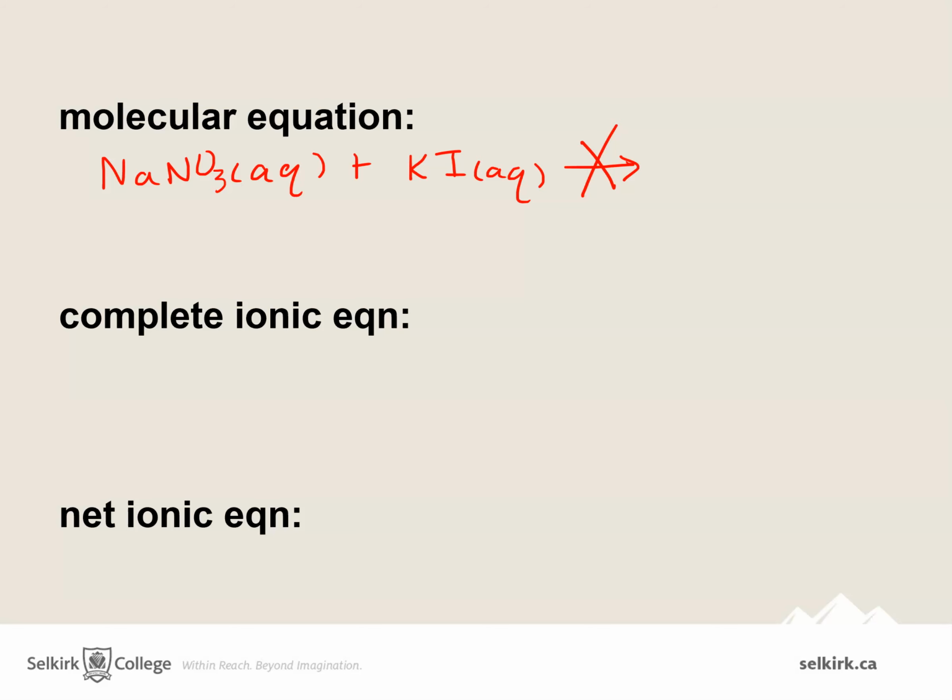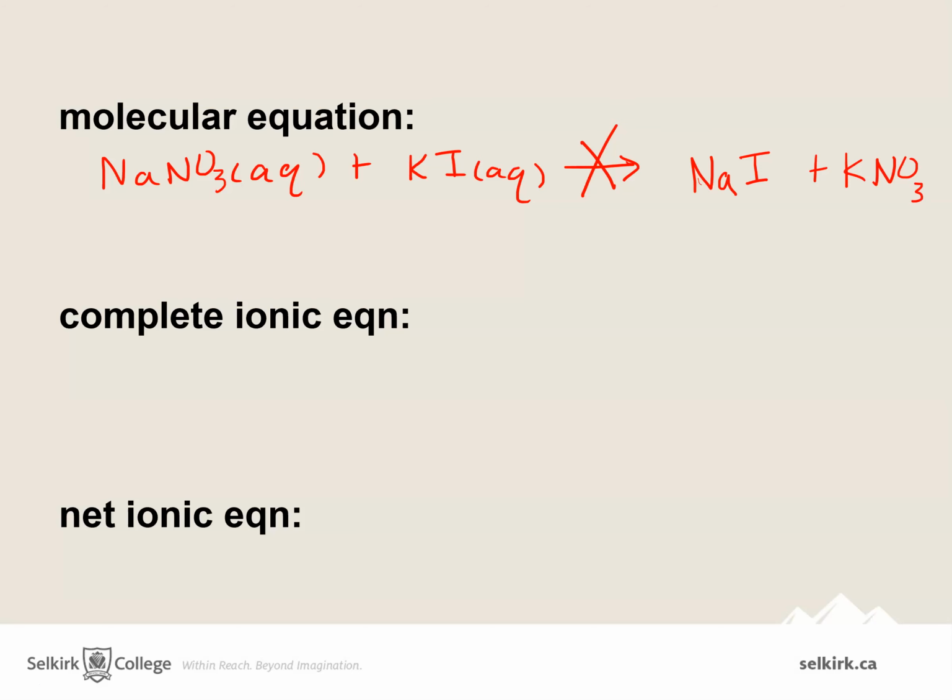Now, you probably didn't see that right away. You wouldn't until you proposed the possible products. This is an exchange reaction, so I take the positive of one with the negative of the other.